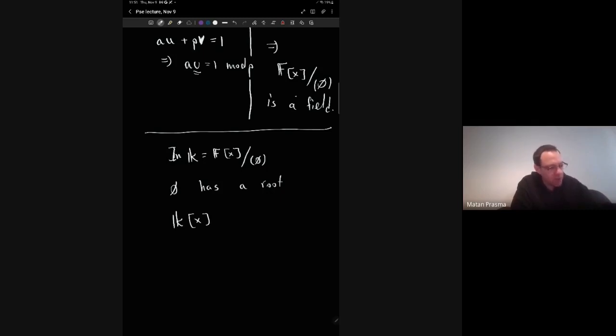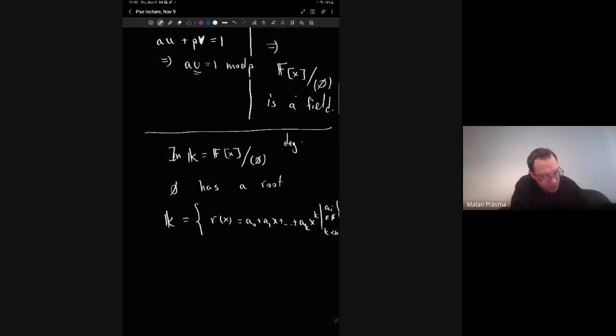Or maybe before we do this, of course, our definition of K was all the remainder polynomials with coefficients in F and with degree strictly smaller than n, where of course n is the degree of phi.